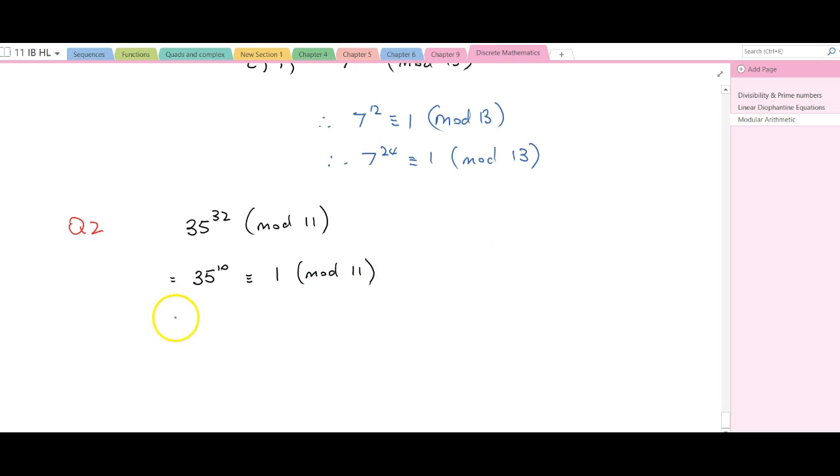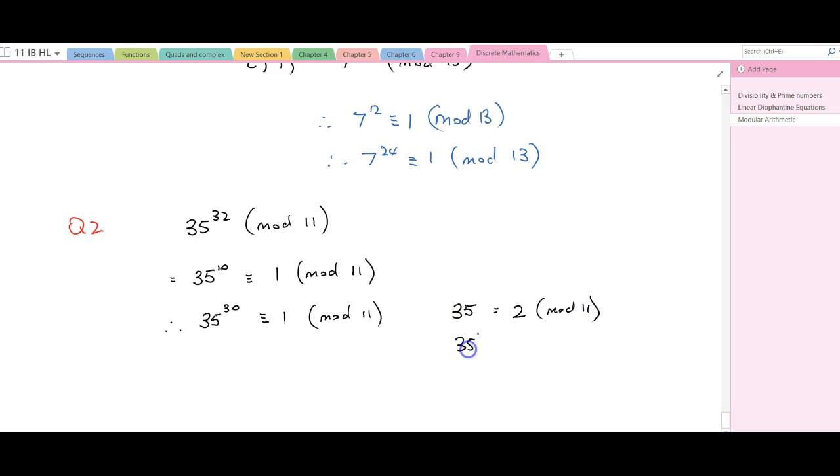Now I can get that to the power of 30 quite simply by cubing both sides. So I'm still at 1 in mod 11 when I get 35 to the 30. Once I get there though, I just need now to get 35 squared, don't I? So 35 in mod 11 is equal to 2 in mod 11.